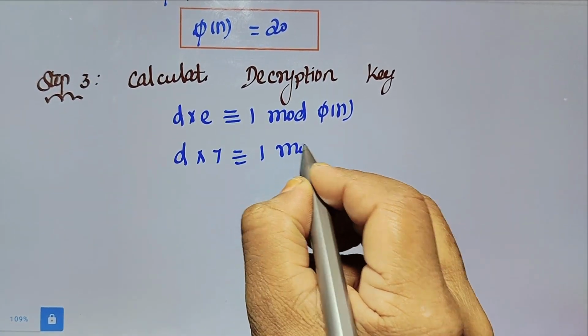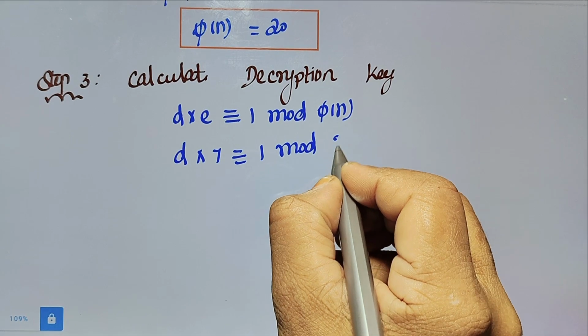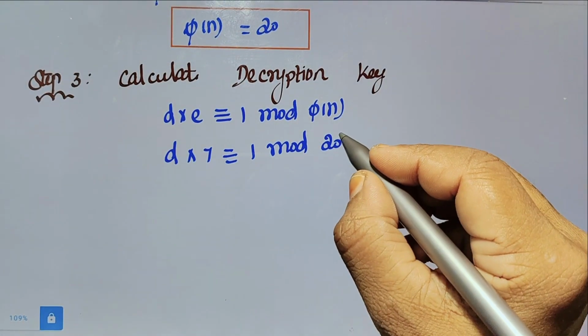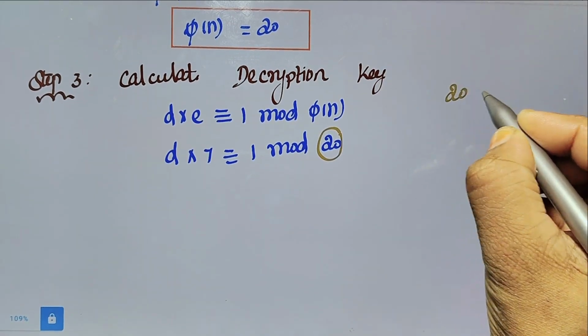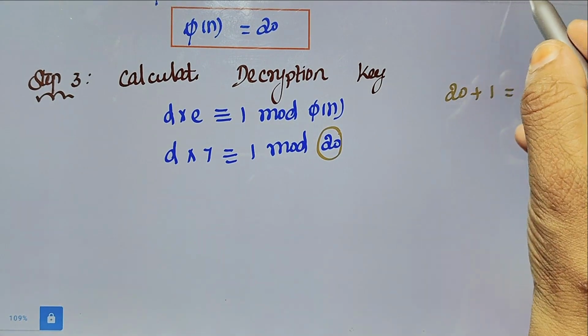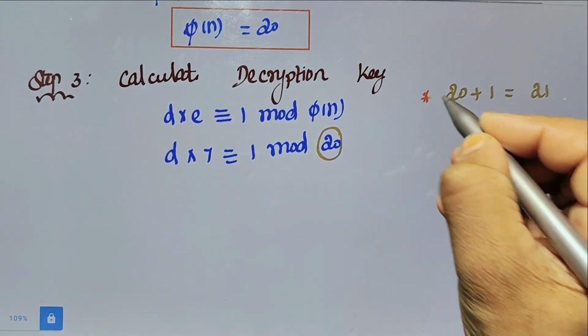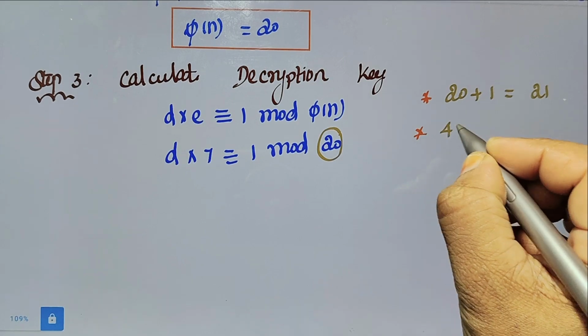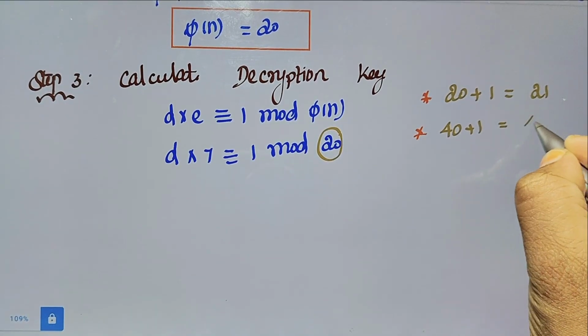Find the value of D, pi of n value 20. It's a very simple step. I will explain one by one. Take this number 20, I'll add one additional. 20 plus 1, 21, right? This is the first step. Next step, similarly, 20 into 2, so 40. 40 plus 1, that is 41.